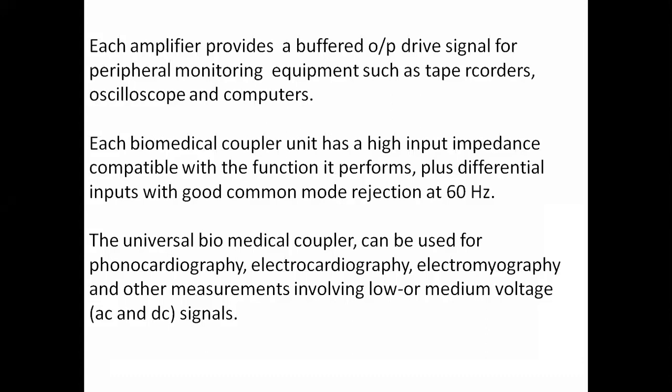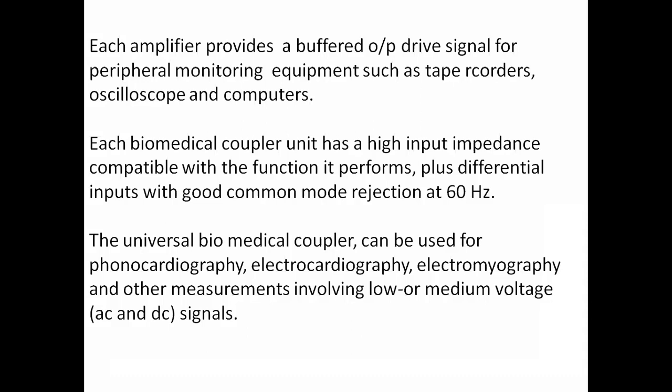Okay, so that is about the amplifier section. Each biomedical coupler unit has a high input impedance compatible with the function it performs, thus differential inputs with good common mode reduction at 60 Hz. So the coupler is the initial part which connects the biopotential signals.